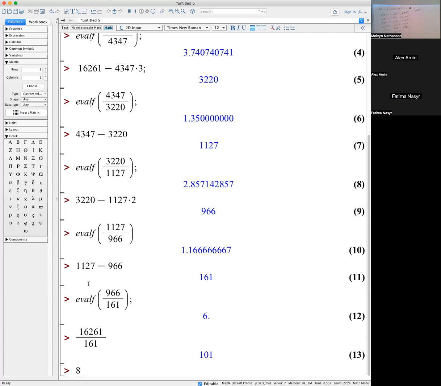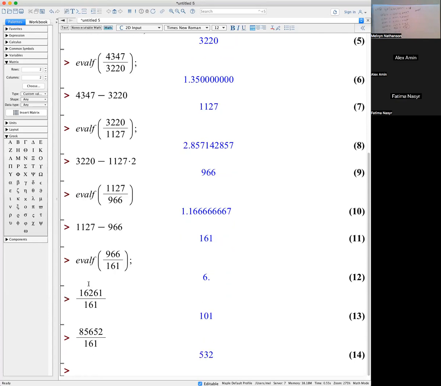And if I take 85652 and divide that by 161, that's also an integer. 85652 is 161 times 532, and 16261 is 161 times 101.